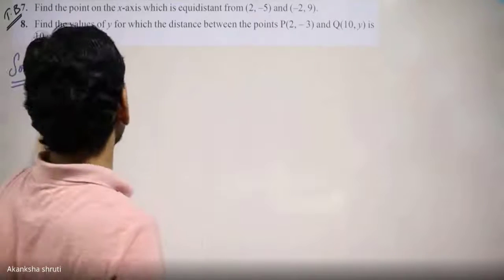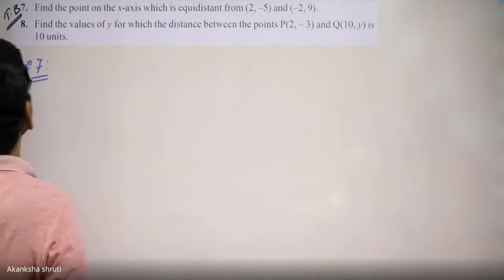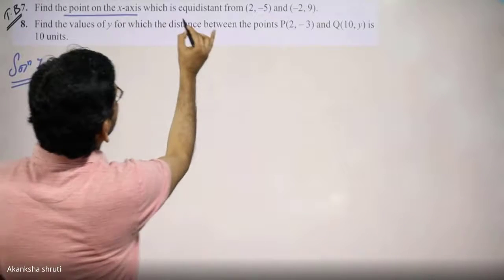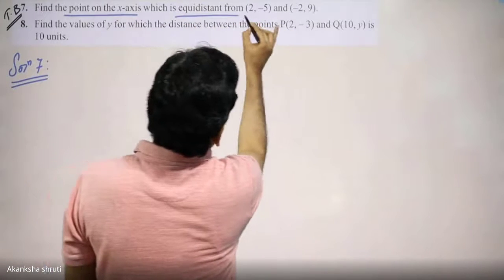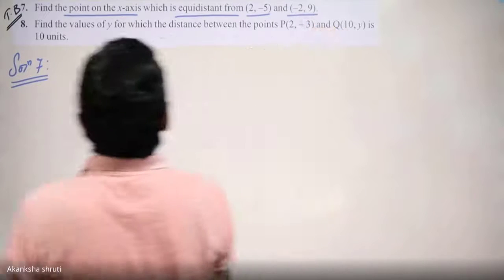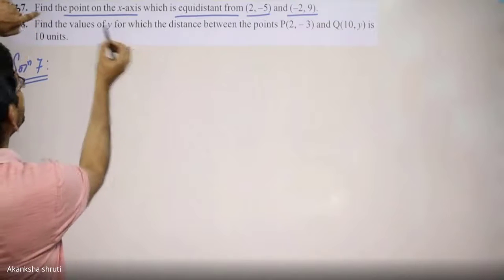Let us consider the other question of our textbook, exercise 7.1, question number 7. Find the point on x-axis which is equidistant from (2, -5) and (-2, 9). Very important and very simple question. Read it carefully.